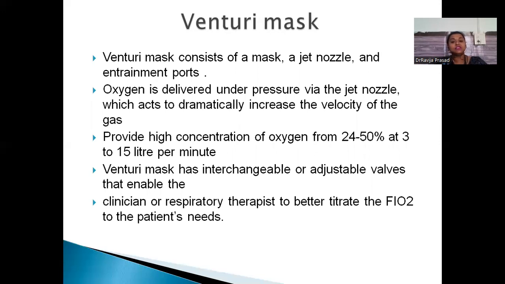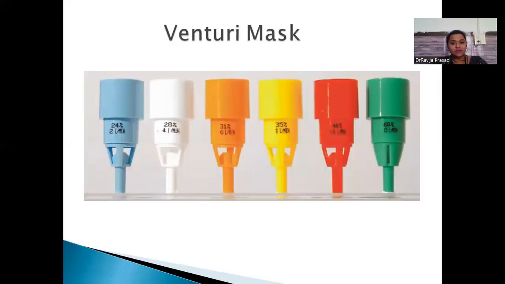The Venturi mask has a changeable or adjustable valve that enables the clinician or respiratory therapist to better titrate the FiO2 the patient actually needs. This is a Venturi mask, which is given to the patient and provides a high concentration of oxygen when the patient actually needs it.